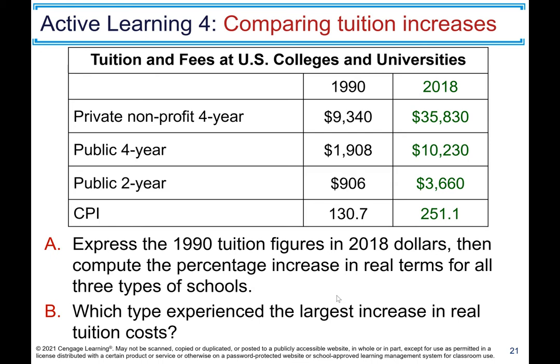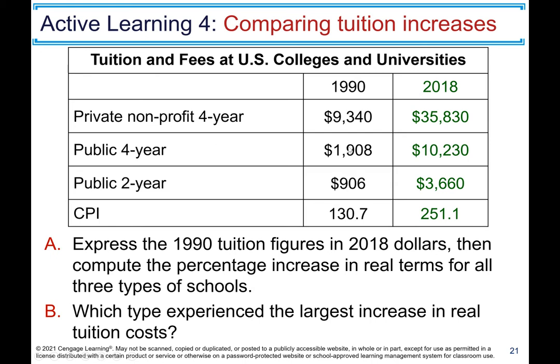Active Learning 4, comparing tuition increases. Tuition and fees at United States colleges and universities. Private nonprofit four-year college was $9,340 in 1990 and $35,813 in 2018.